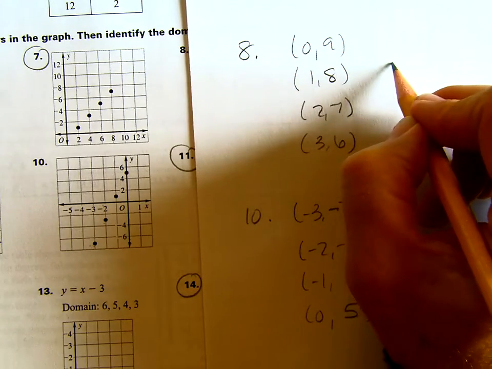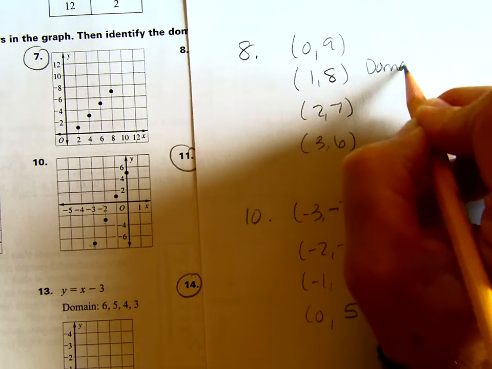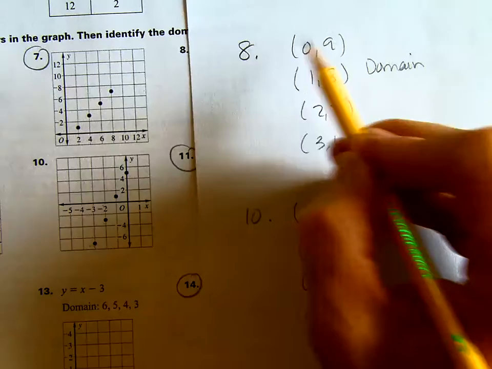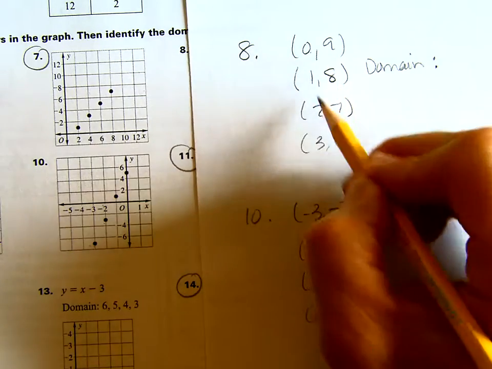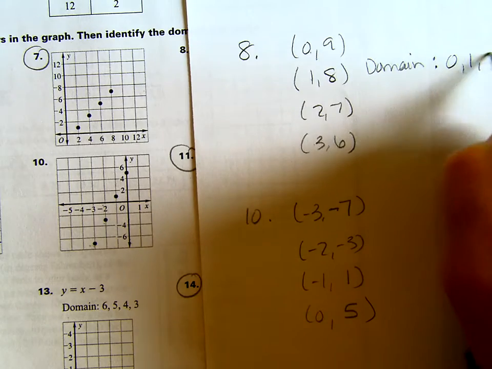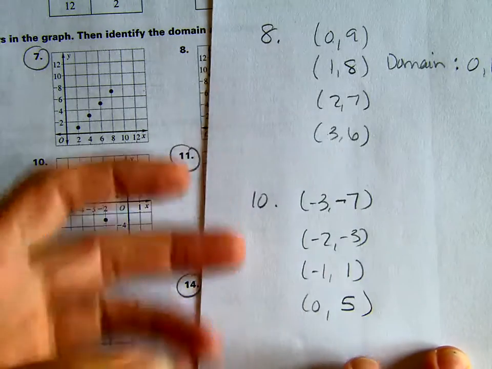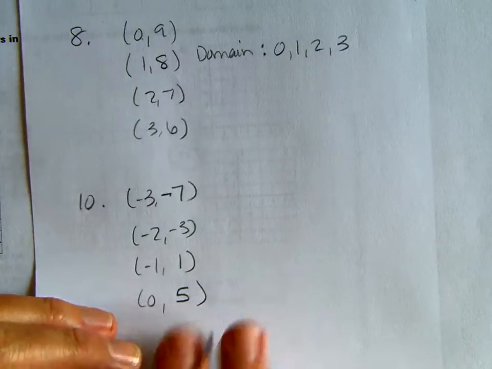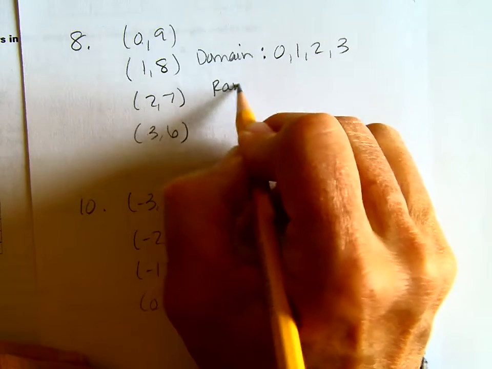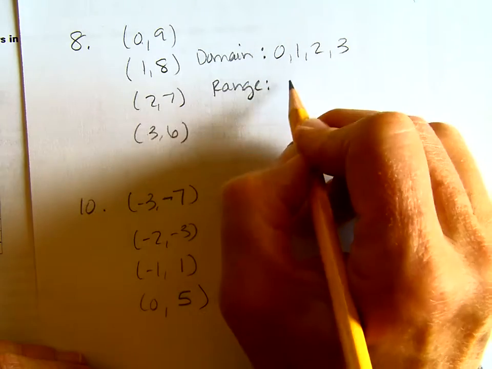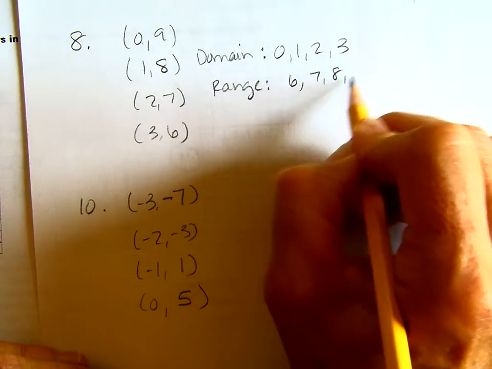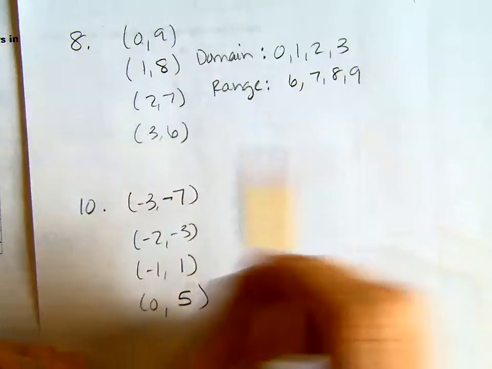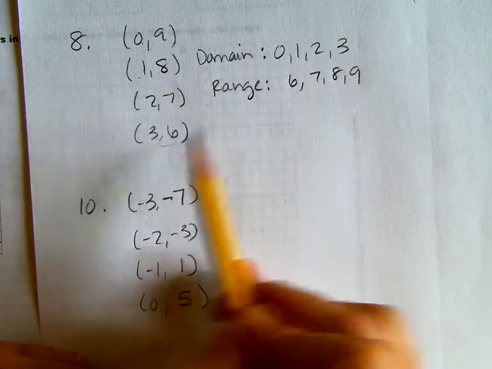Oh, so domain is all of my inputs. And again, these are discrete. So my domain is 0, 1, 2, 3. And in this case, my range would be, and I'd still write it in order, 6, 7, 8, 9. They don't have to be corresponding pairs. This tells me the correspondence.